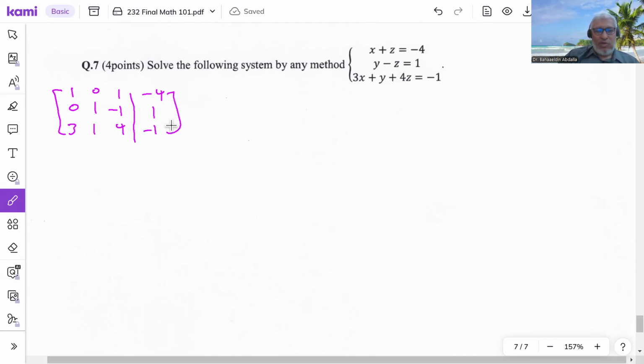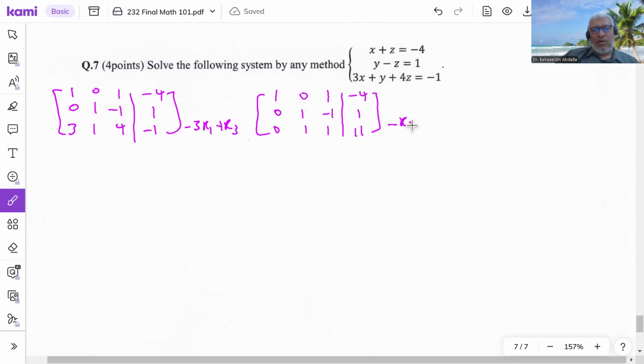This is 1, good, so -3 R1 plus R3. -3 plus 3 is 0. -3 plus 4 is 1. 12 plus -1 is 11. This is 1, so -R2 plus R3.